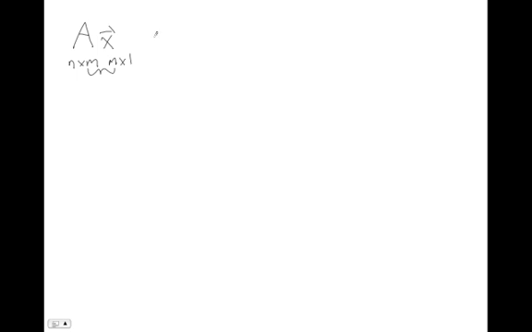Now this is something that people should be very familiar with. I'm going to have this A matrix that's going to have a bunch of little elements like this. I'm pretending there's 3 columns, and then I have a vector of things. And if there are 3 columns, then there's got to be 3 rows in this thing.